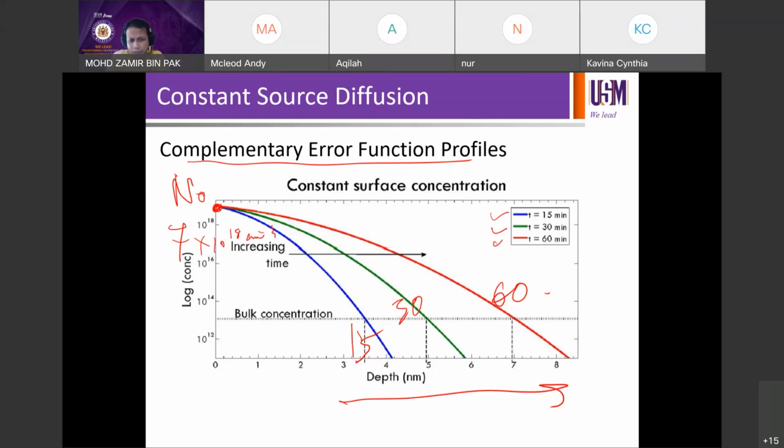So now let's see, what is the junction depth for the 15-minute process? So let's see from the graph, and you can write down, you can unmute yourself. What is the junction depth of the 15-minute process using complementary error function profile? Anyone? What is the XJ for 15 minutes?